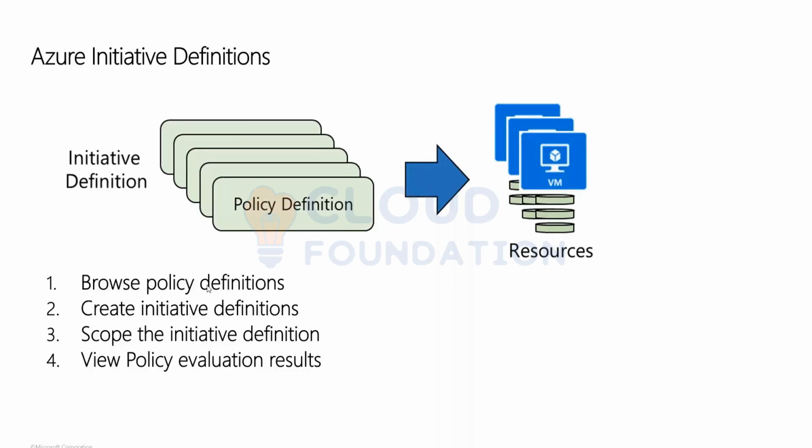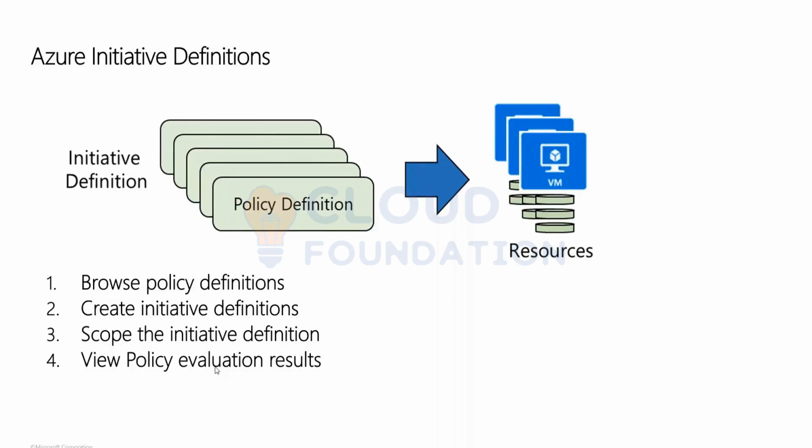You can check the policy definitions, create an initiative which will have all those policies, and then apply this initiative onto a resource group or a particular hierarchy and check whether they are working properly or not.